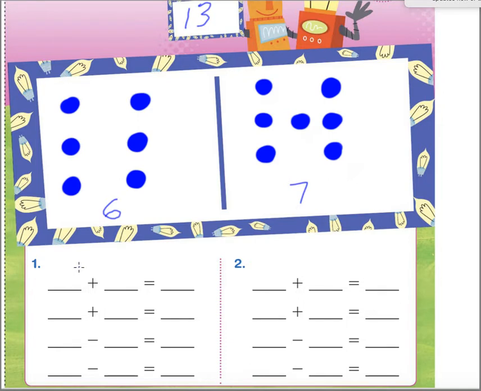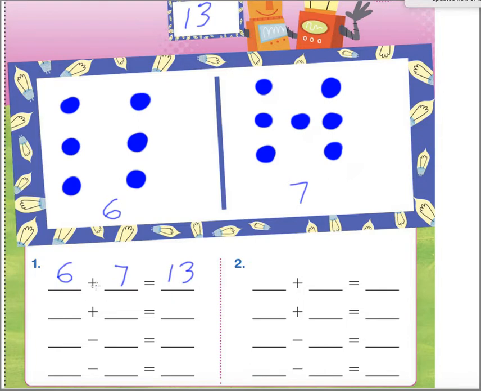So let's go ahead and do that. Let's make an addition sentence first with these three numbers. Well, we can use 6 first, and 7 second, and then our answer would be 13. But what's another way we can use 6 and 7 to make 13?